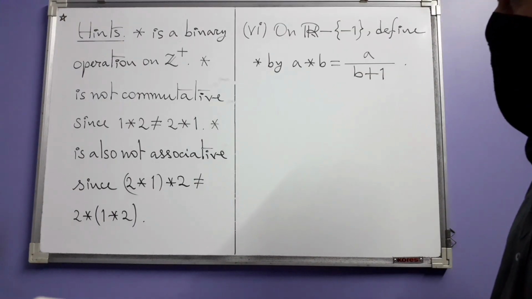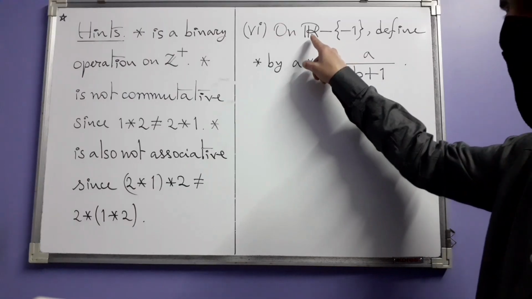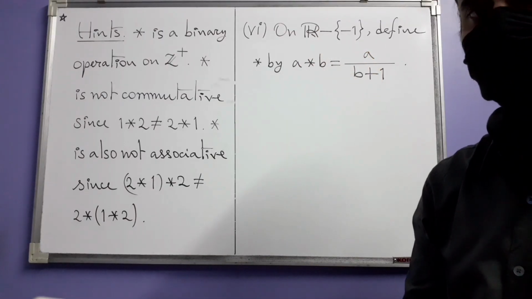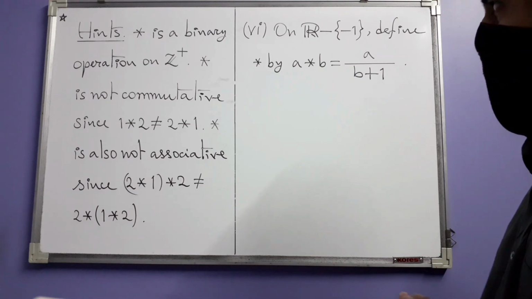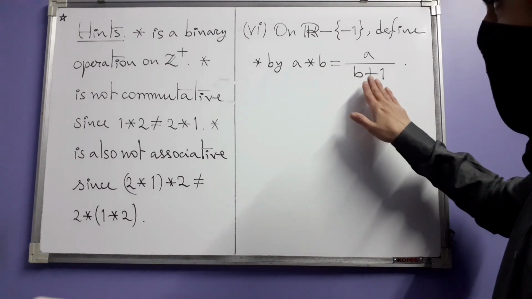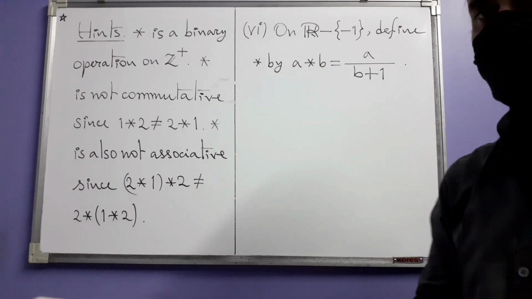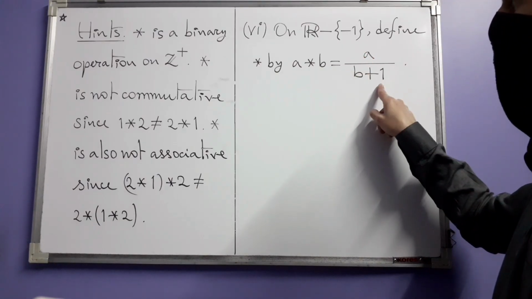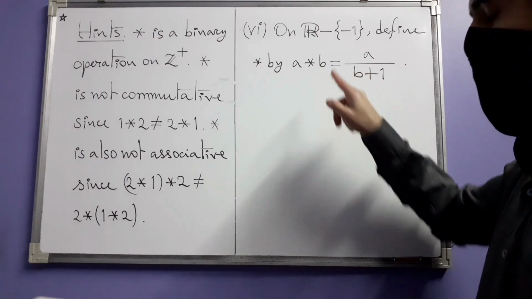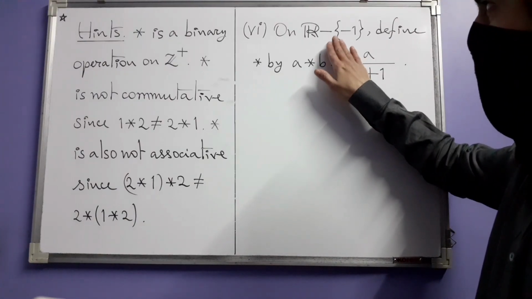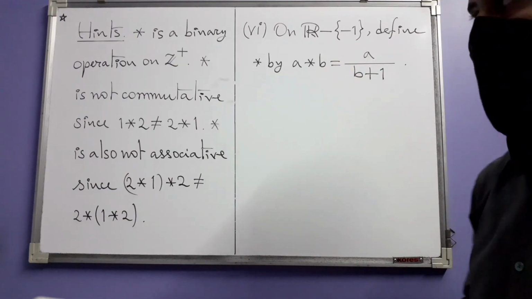And finally part 6, where this time the set is the set of real numbers from which -1 has been removed. You will see why, because the definition of star is like this. For two real numbers a and b, a star b is a divided by b plus 1. So we don't want b to be -1. That is why -1 has been removed.